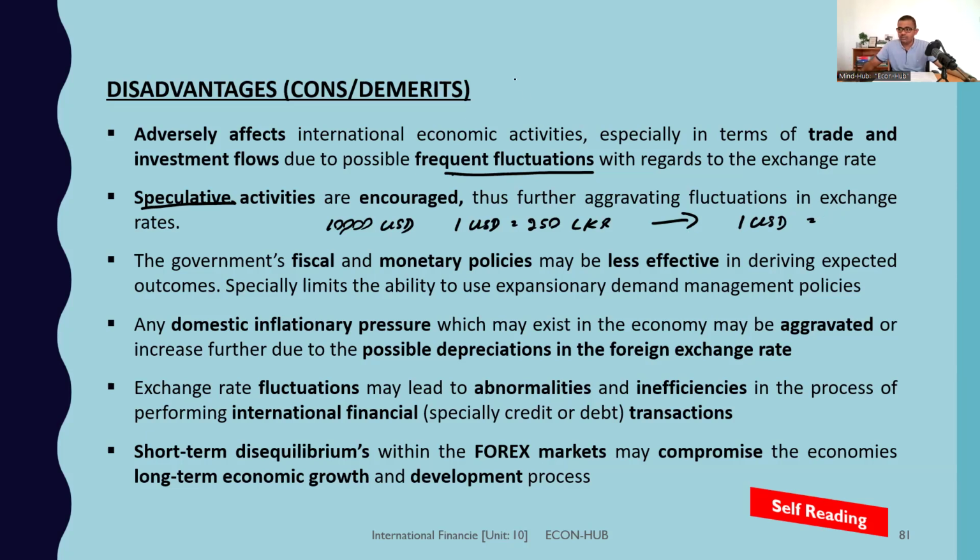When the demand for US dollars increases, now it's at 250, or 255, whatever. When we speculate it's going to depreciate, before the depreciation people want to buy more dollars.